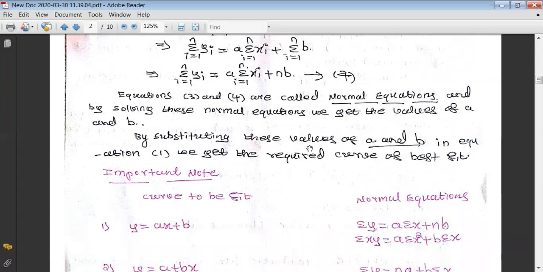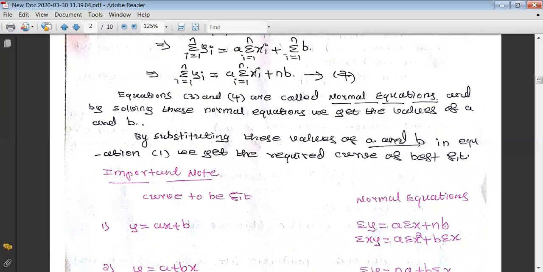By substituting these values of a and b in equation 1, we get the required curve of best fit. This is the theoretical part we have discussed in order to fit a straight line y equals ax plus b for the given data.